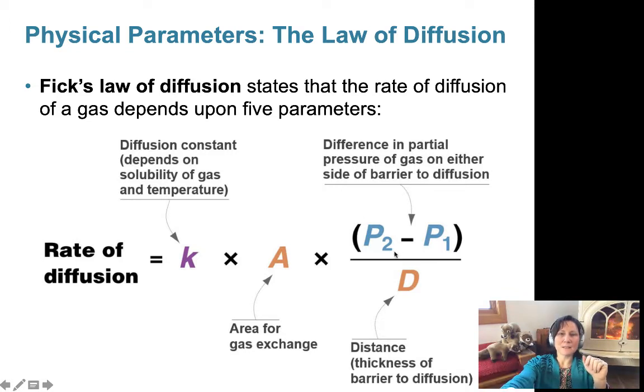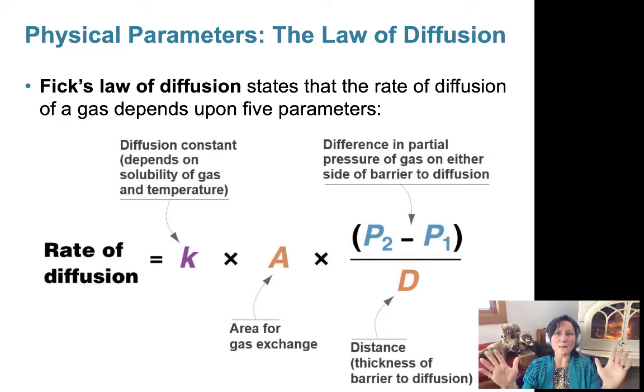So if P2 is 10, 10 minus 5 is 5, and then 5 divided by 10. Do your simple math. Now, think about if you increase this number. All that's going to do is increase the entire value of the equation when you multiply it across.